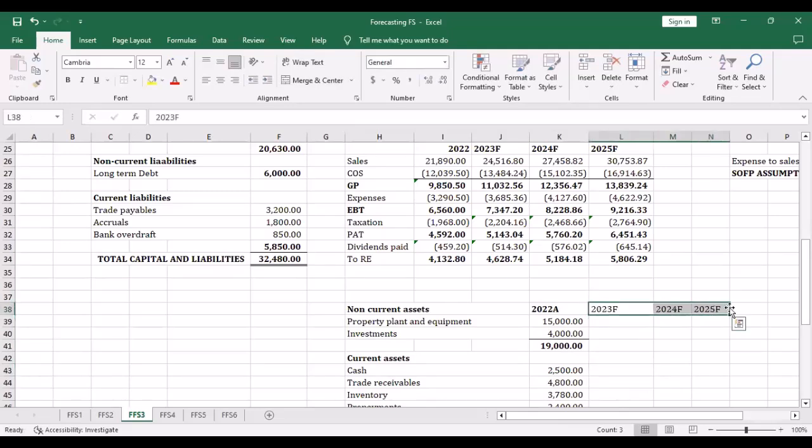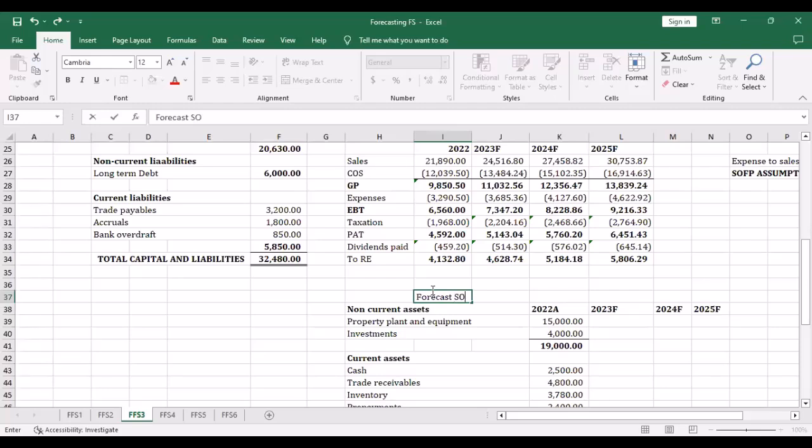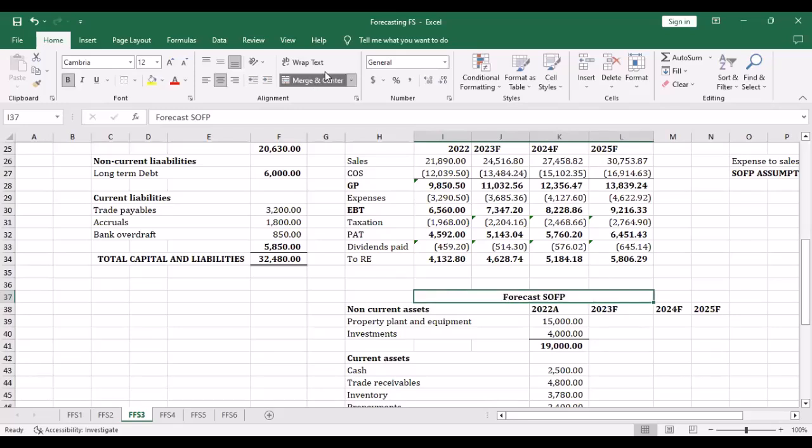Control B. Forecast, S of P, the statement of financial position. I'll just merge, Control B.